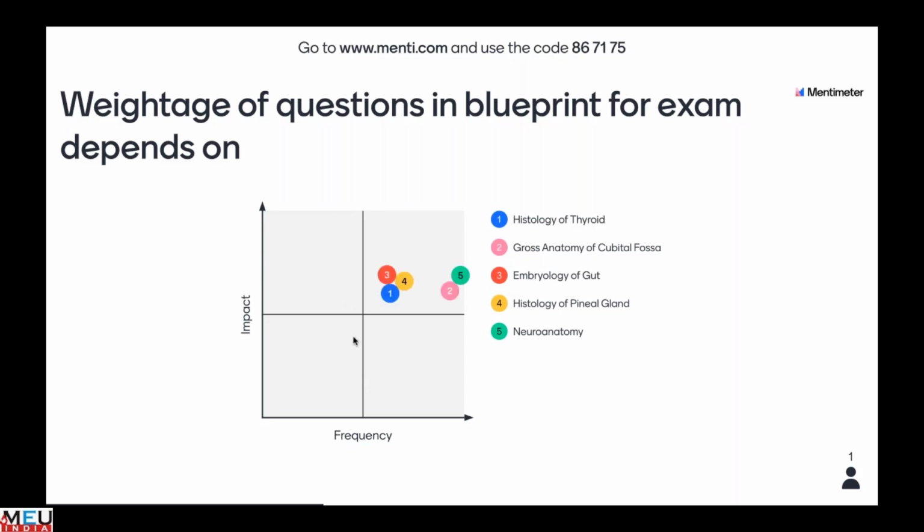In this checkbox, the upper right will mean both high impact and high frequency. The left hand side, high impact but low frequency. This one, no impact and no frequency.